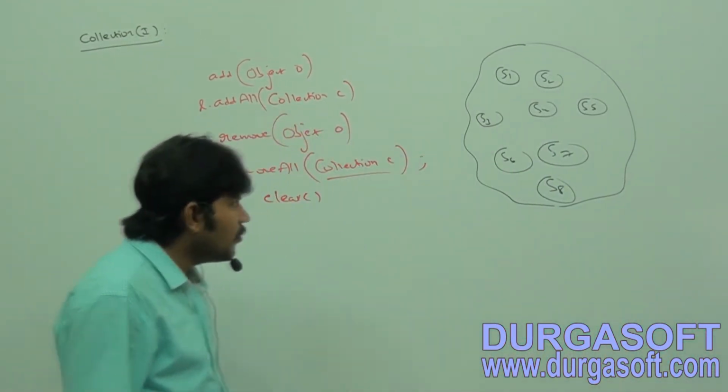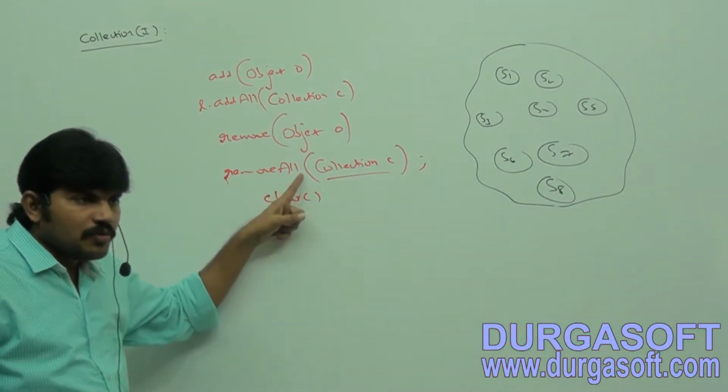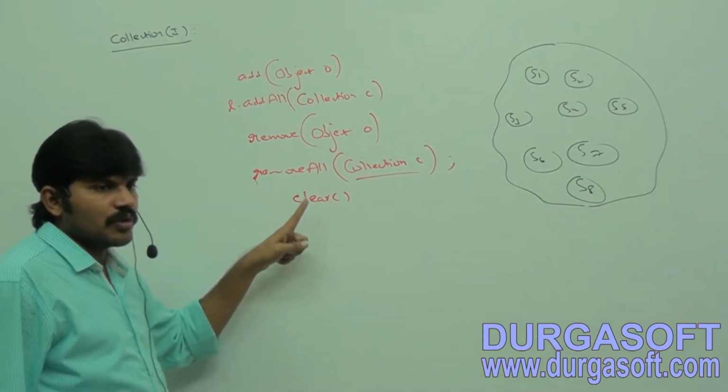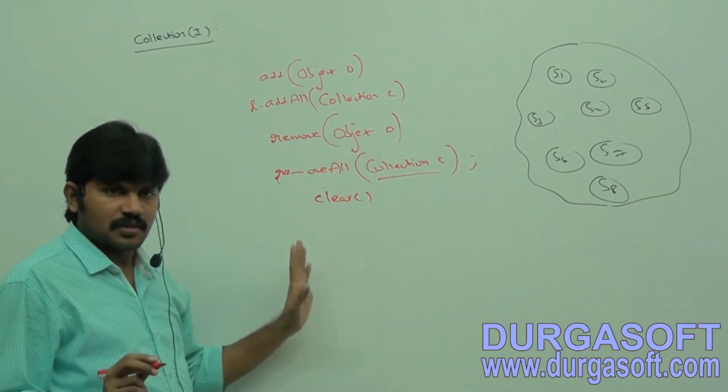So to remove a particular object, to remove a group of objects, and to remove all objects, we have these methods.